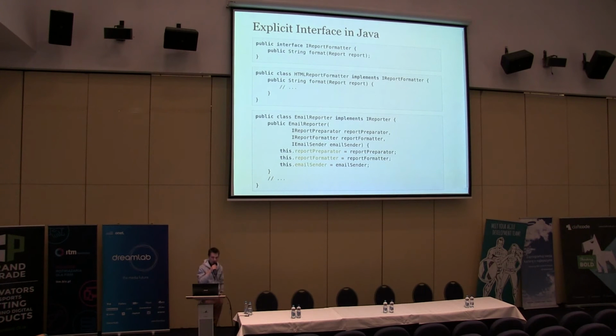When we want to implement a concrete formatter, it has to follow this interface and explicitly say which interface it implements. Then, in a class that uses the report formatter, we explicitly say that we want a class that implements the IReportFormatter interface. We don't say that we want the HTML report formatter, but anything that implements the interface.